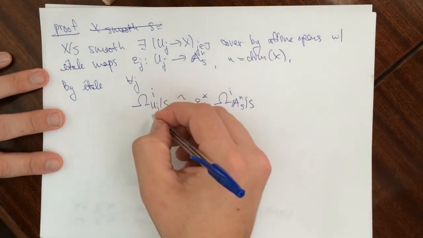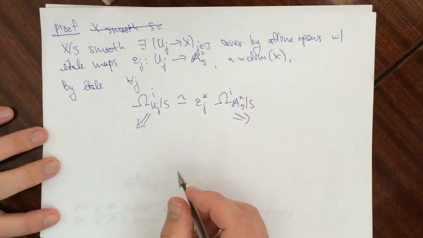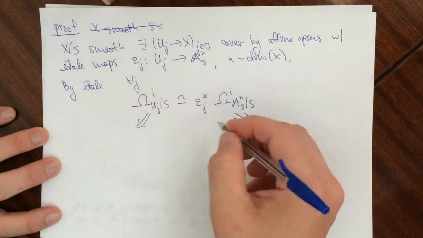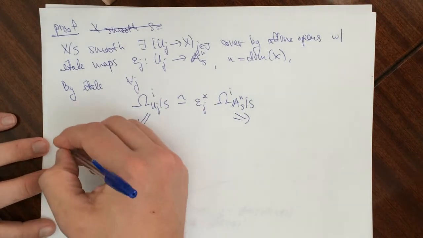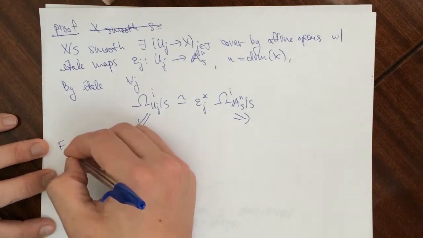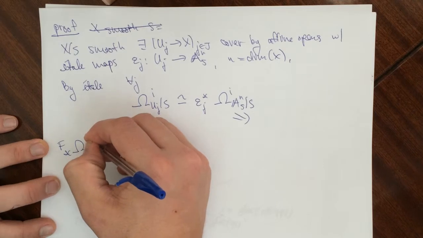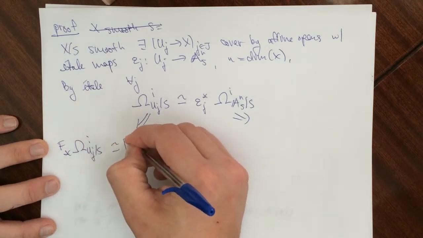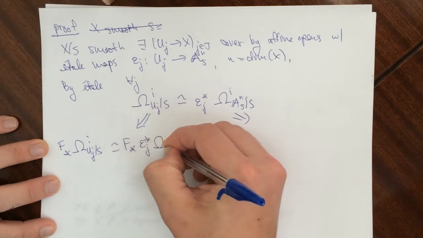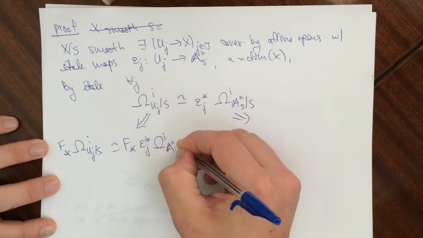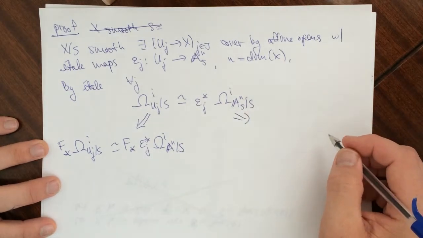Then there are two things that this implies. The first is that f is an affine map, so f lower star of omega of U_j over S is isomorphic to f lower star of the pullback by epsilon_j over S.